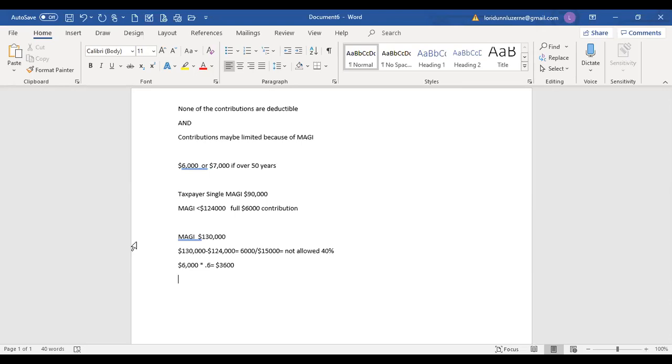Assume the same facts for Tina. She receives a $10,000 distribution when she's 57, and she's not meeting any of the exceptions. Well, now we have to take a look. What amount did she receive above her original investment in the plan? Because it's only the earnings that are taxed if you take it out early. The earnings are subject to the penalty.